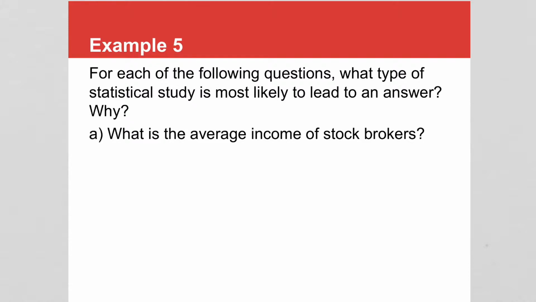And if it's an experiment, is it double blind or single blind or what? So it's not an experiment because you're not going to go around and say, oh, you're a stockbroker and you're not, okay? You're observing the stockbrokers, so it is observational. We're just observing the income of the stockbrokers.